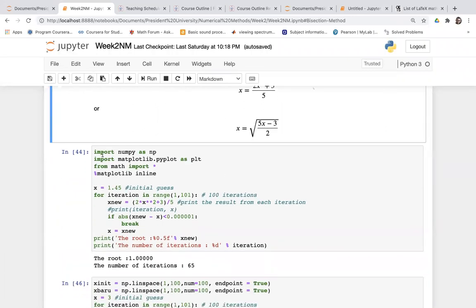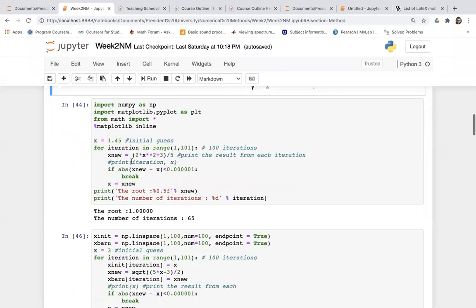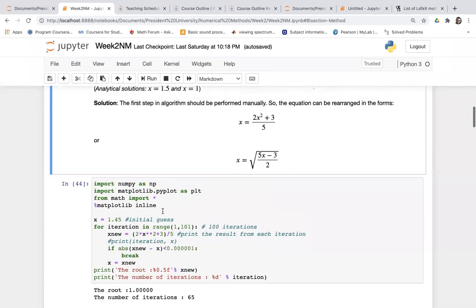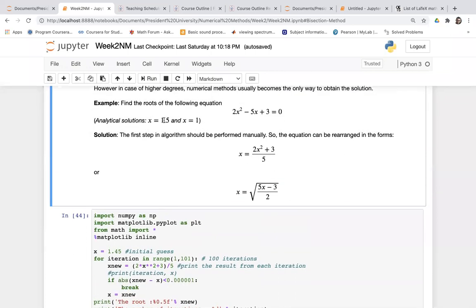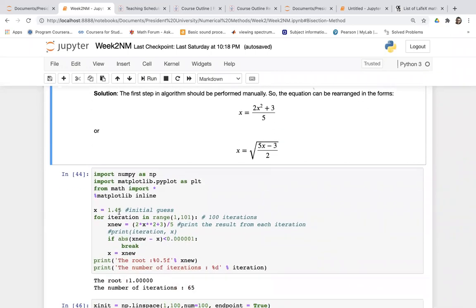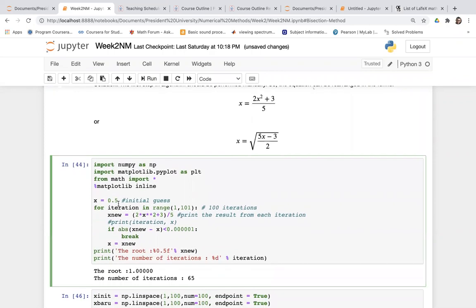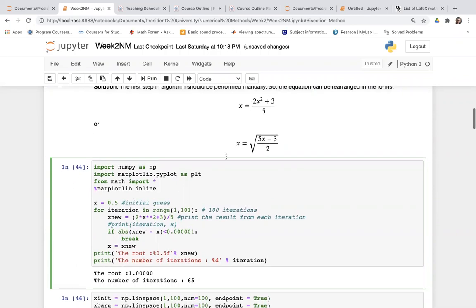Actually, you don't have to use this. I use NumPy and Matplotlib to display the result, but in general you don't have to. You already see the result is 1 and 1.5, right? Now let's say the initial guess, I will start from 0.5, and apply 2x squared plus 3 over 5.